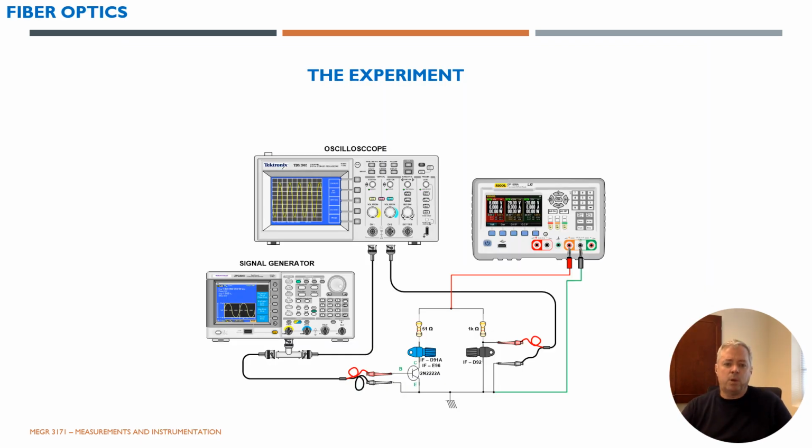So this is what the experiment is going to look like: a signal generator, some control electronics, and an oscilloscope. You're going to measure how things change, so it's a pretty basic setup.